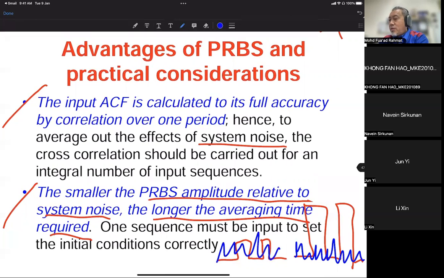If we don't increase the amplitude, you can see that in this case the noise and the real PRBS signals cannot be differentiated. So we have to remove the noise in order to get the autocorrelations of the PRBS signals.